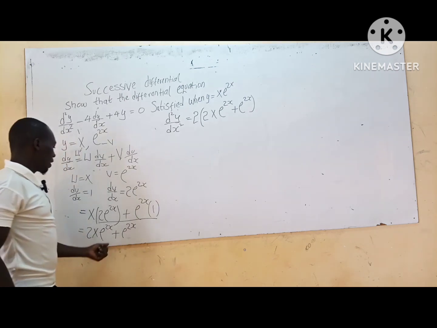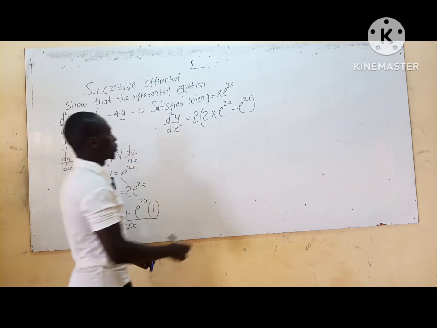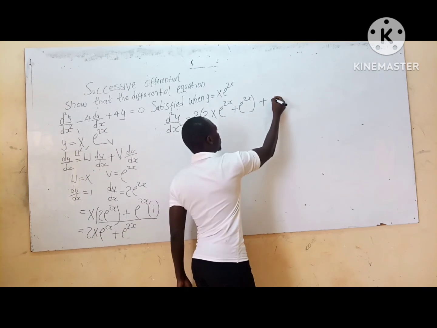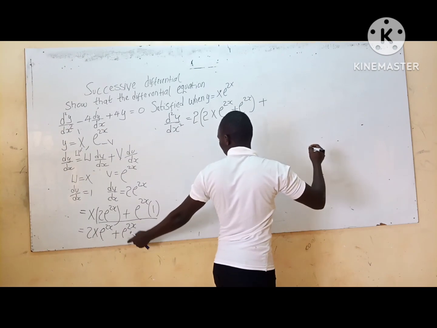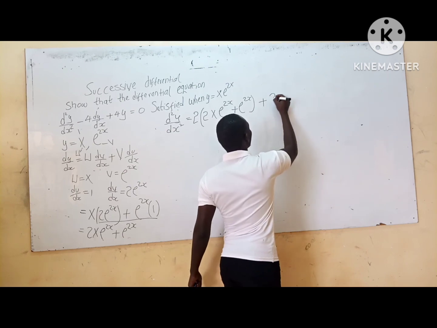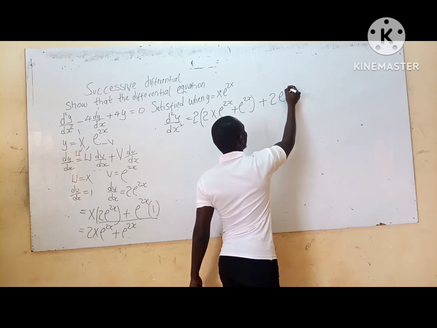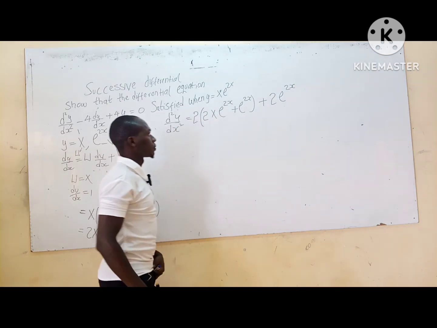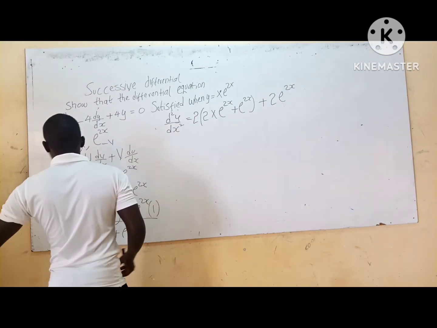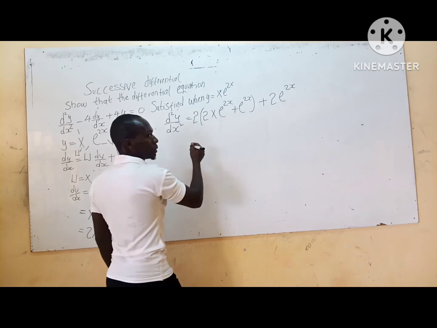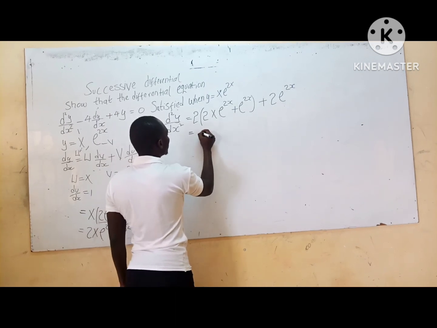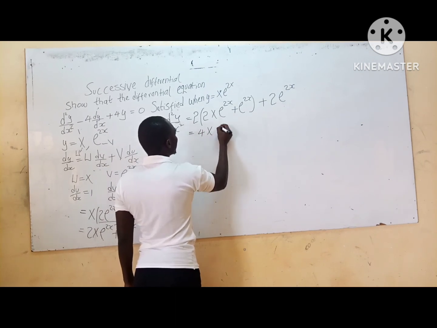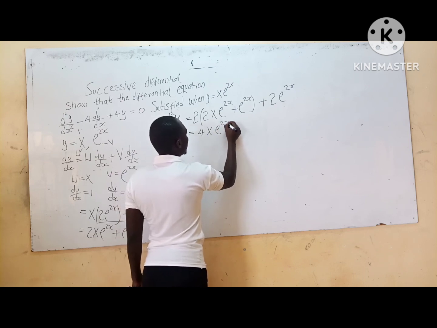And now let us move to here. We are going to have, add to the differential of this one, 2 exponential 2x. Let us now simplify what we have here. We are going to have 4x exponential 2x.